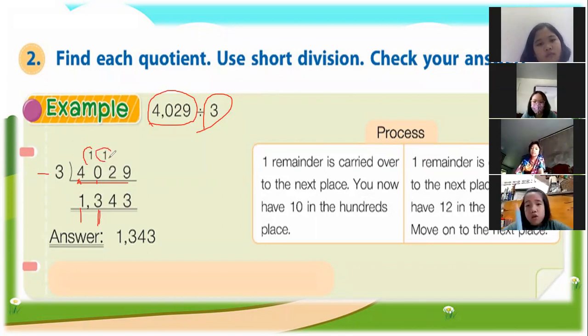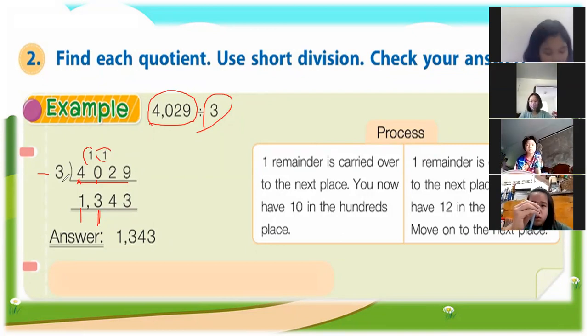At the tens place we already have 2 tens, and now we have another 10 tens. So in total, 10 plus 2 is equal to 12 tens, right? So now we have 12 tens.